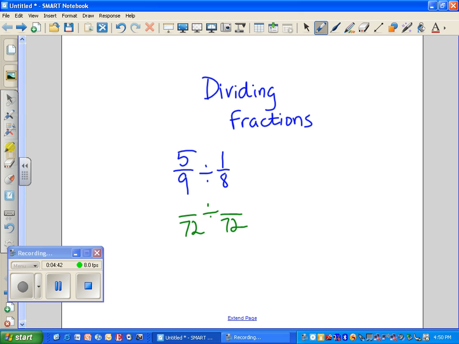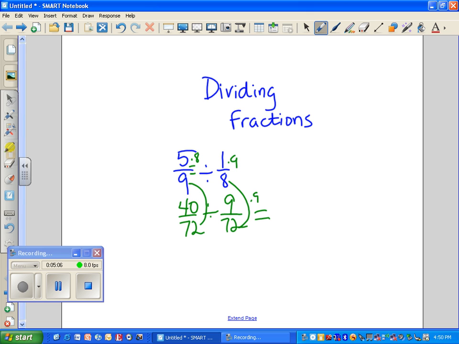So I could list all my equivalent fractions to 5/9, but I'm just going to say 9 to 72 was times 8. So 5 times 8 is going to give me my new numerator. So 40 over 72 is the same thing as 5/9. Now I'm going to do the same thing with 8 to 72 was times 9. So 1 times 9 is going to give me 9.